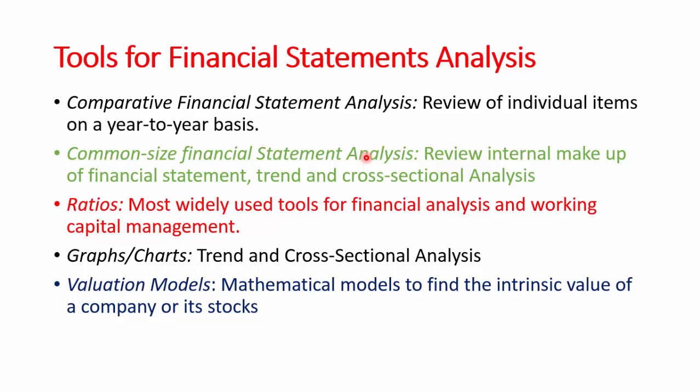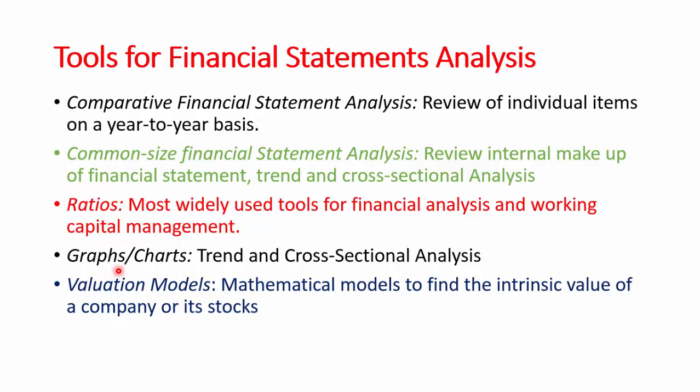Once we have all those numbers expressed as a percent, then you can do trend or historical analysis and cross-sectional analysis. Ratios are the most widely used tool as well, and we are going to use different kinds of ratios for looking at the performance and risks of a company, as well as for working capital management.